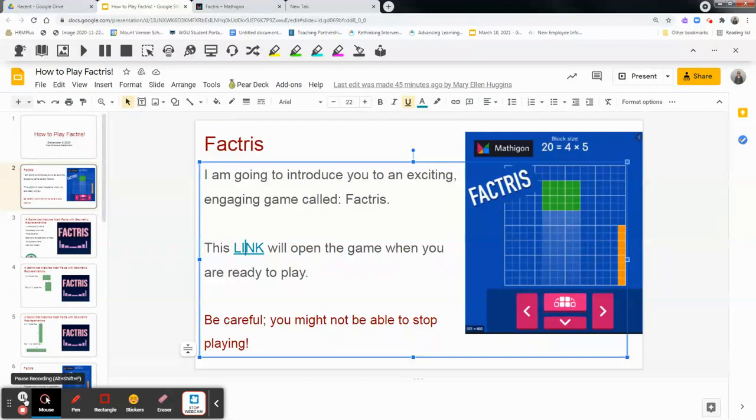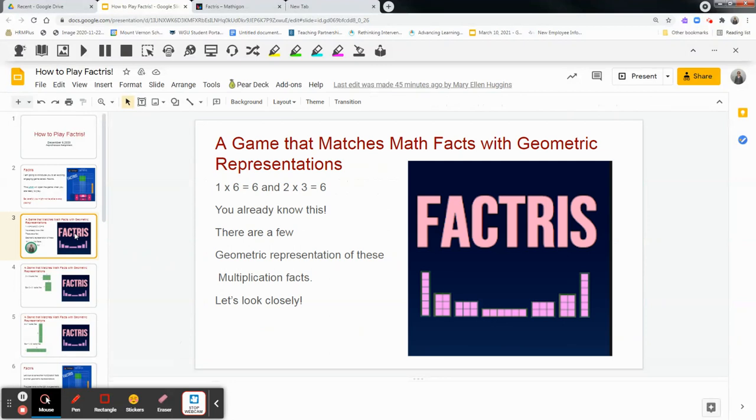Let's go ahead and talk about those that we do see on this screen, where you have all the representations of the facts that give you the product of 6. We see a bunch of them, and they kind of repeat, but you'll notice there are at least 4 representations for the number 6.